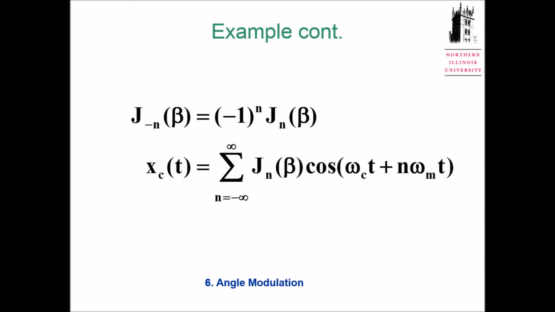So wideband FM can be considered as a summation of many sidebands or harmonics. Each harmonic's amplitude is related to which sideband it is, how far from your carrier, and what index you choose for this modulation. So this is wideband FM in equation.